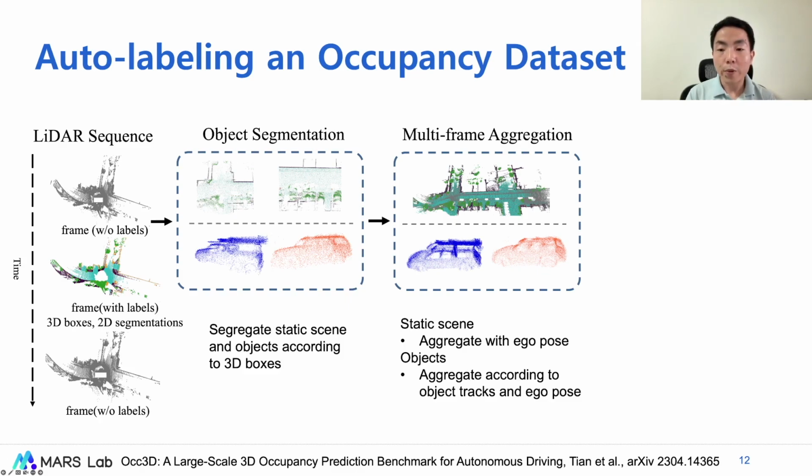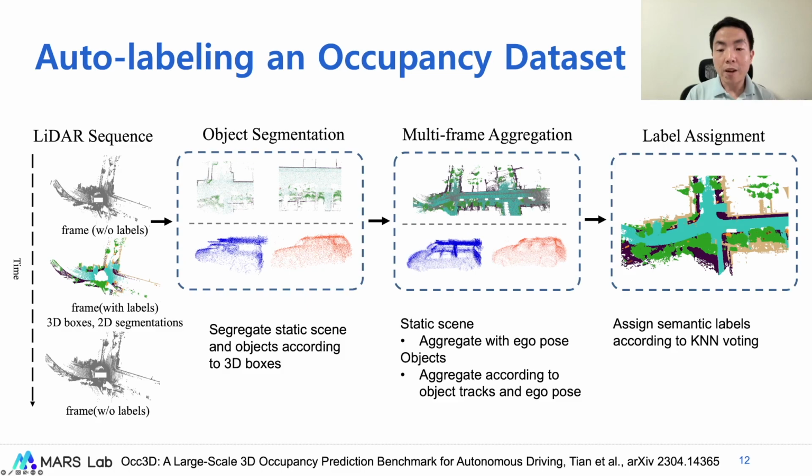After this, we obtain a denser point cloud. And then we assign semantic labels to the unlabeled points with KNN voting. In this way, we obtain a dense point cloud with semantic labels for every point.